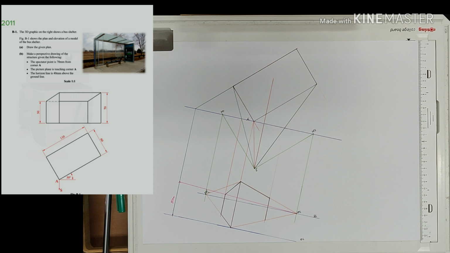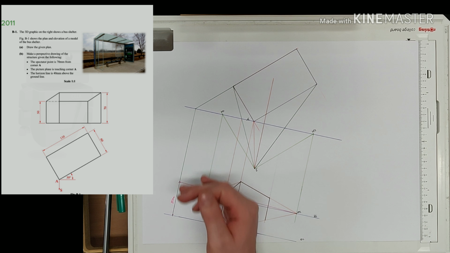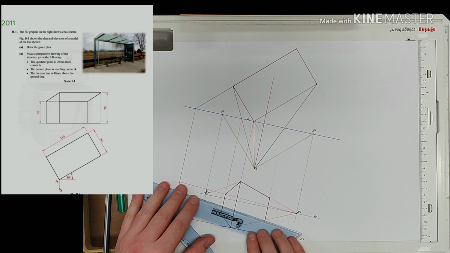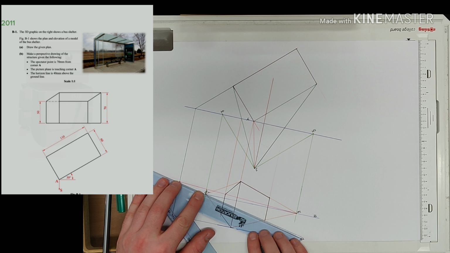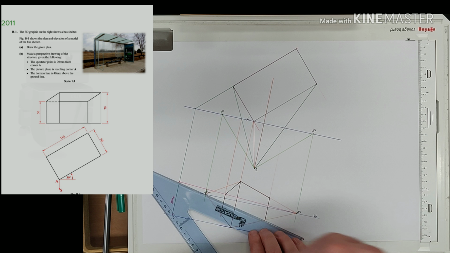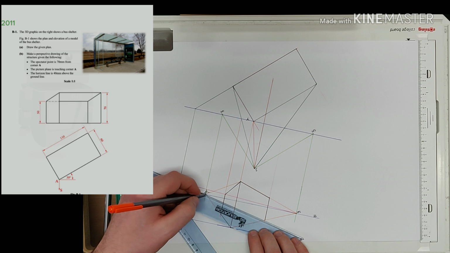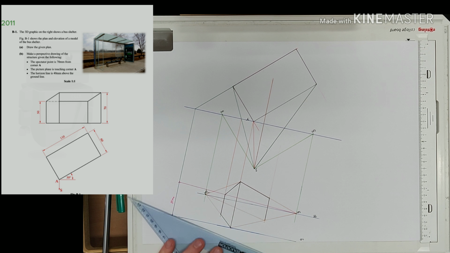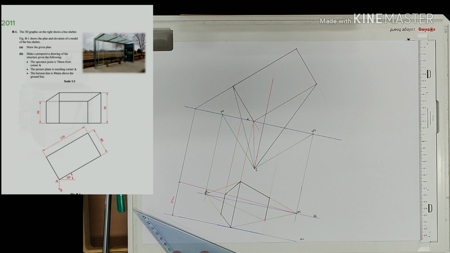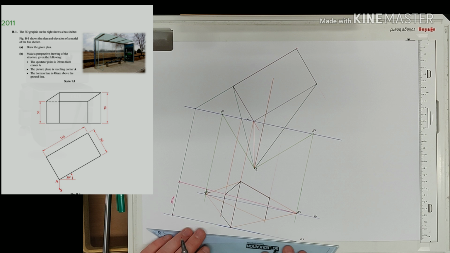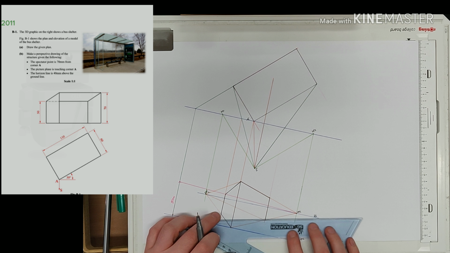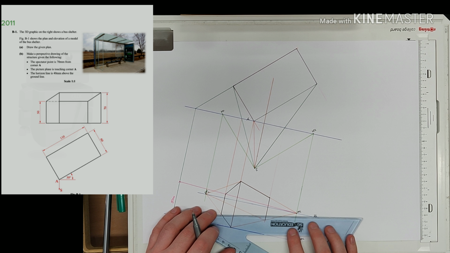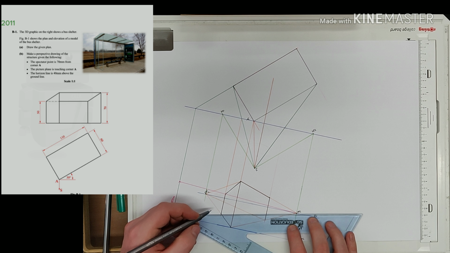So we know that the bus stop is hollowed out, so we're looking back in at it. So I'm going to have to bring this point here and vanish him back to VP2. Somewhere along this line is going to be the edge, and that can be found by vanishing this point here back to my vanishing point.